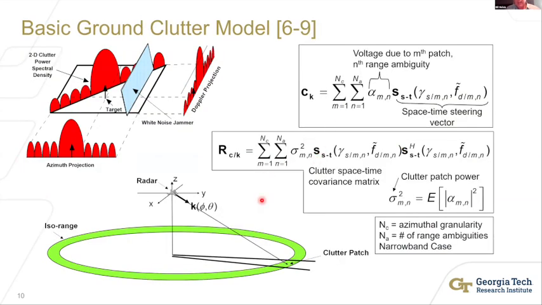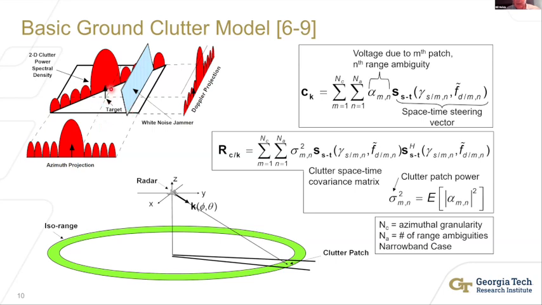So using that description on the prior slide, I'll start by just showing you what clutter would look like in the angle Doppler space for a given range bin. So here you can see the clutter response extends along this ridge for a side-looking radar. I'm also showing white noise jamming here, which is correlated in angle but uncorrelated in Doppler.